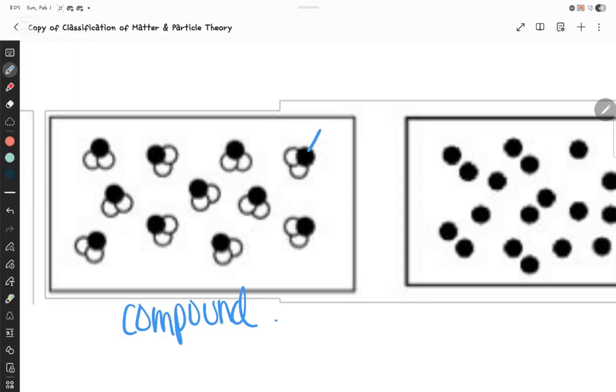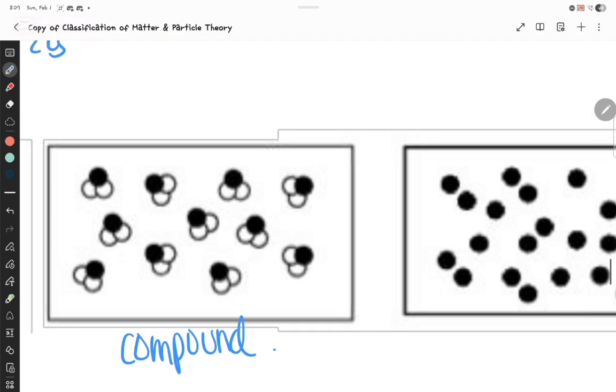So you have the black one, let's say that's Z, and the white one is Y. This whole molecule is ZY. There's only ZYs here, so it's a compound, right? Because there's only one type of particle in this container, and it's two different types of elements chemically combined.